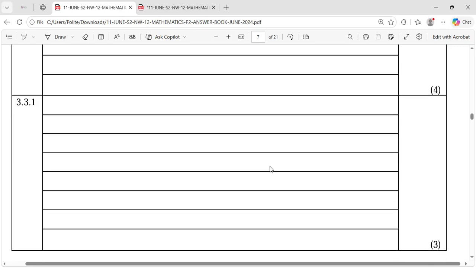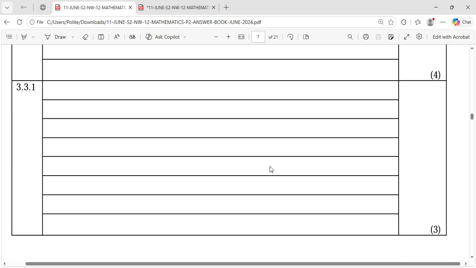So I'm going to work on 3.3 on this paper here. First things first, what are you given? That's what you need to ask yourself: what are you given and what they want you to do to solve.